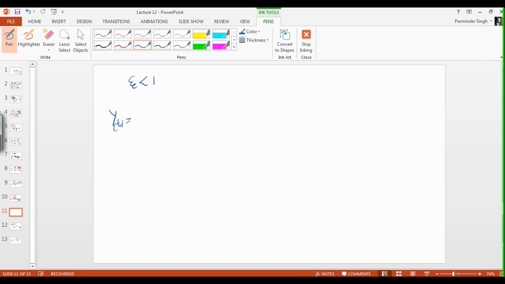For second order, if zeta is less than 1, for unit step, your response is basically 1 upon the square root of 1 minus zeta square, e to the power minus zeta t by tau into sine of the square root of 1 minus zeta square t by tau plus tan inverse of the square root of 1 minus zeta square upon zeta.